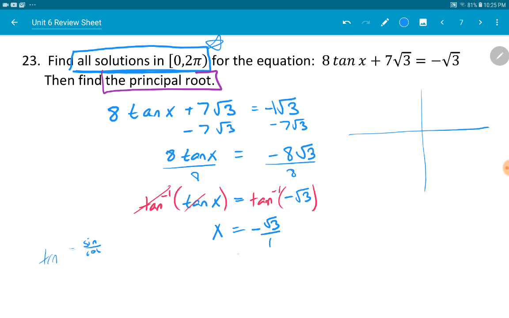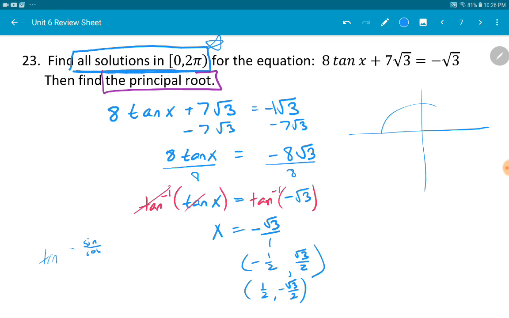So I'm looking for the ordered pair on the unit circle that has a radical 3 over 2 and a 1 over 2, one of them negative and one positive. So there's one point, and the other would be this guy.